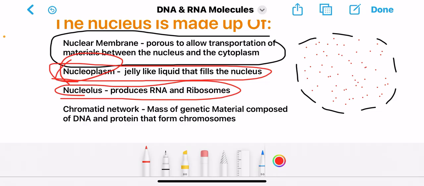The nucleoplasm, the jelly-like liquid that fills the nucleus, consists of free nucleotides inside of it, which are essential for DNA replication and which are essential for what? For RNA formation. I hope you heard me. The nucleoplasm consists of free nucleotides.